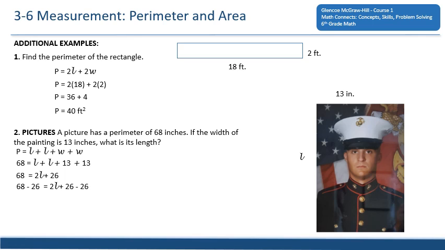Then we subtract 26 from each side so that we get L closer to by itself. We get 42 equals 2L. Then if we divide both sides by 2, we get 21 equals L, or length.